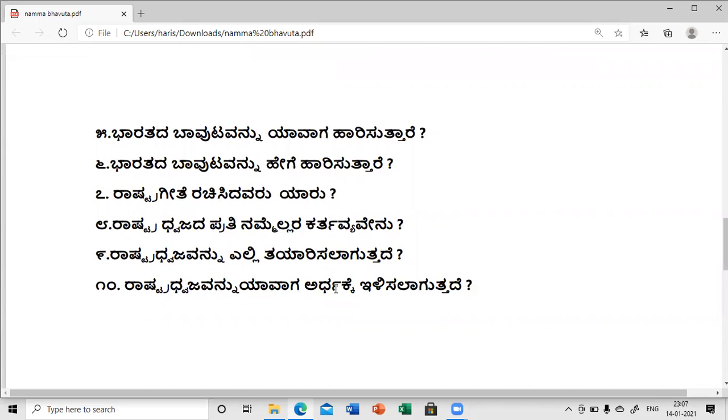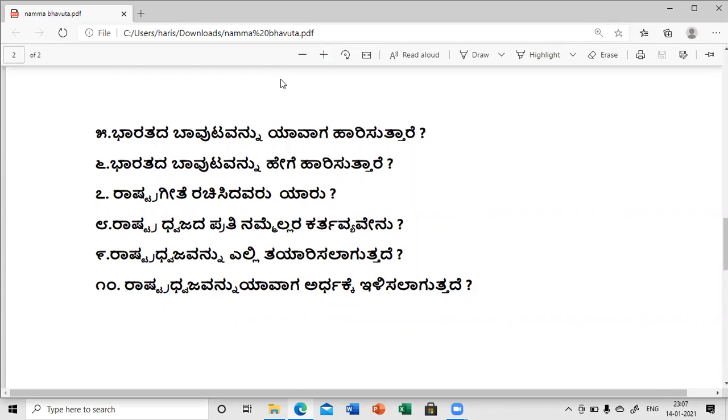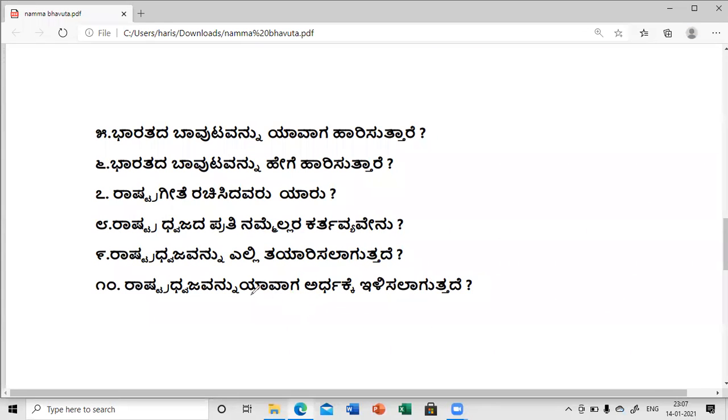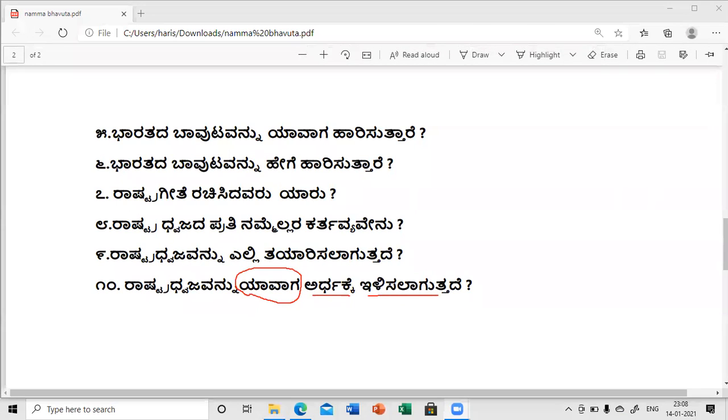Now, the last question. ರಾಷ್ಟ್ರಧ್ವಜವನ್ನು ಯಾವಾಗ ಅರ್ಧಕ್ಕೆ ಇಳಿಸಲಾಗುತ್ತದೆ? ಯಾವಾಗ means it is again when. ಅರ್ಧಕ್ಕೆ, so it's just brought down to half. When it is done, so it's brought down is ಇಳಿಸಲಾಗುತ್ತದೆ. So yavaga, it's basically the time and what circumstance it's done.